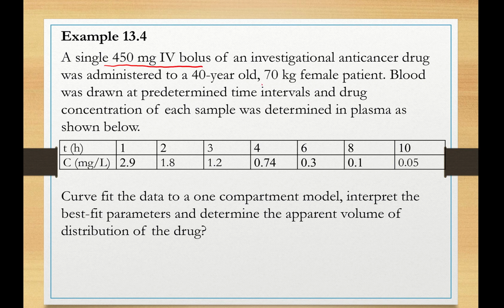The weight of the patient is 70 kilograms. Blood was drawn at predetermined time intervals, and drug concentration of each sample was determined as shown in the table. So you have drawn blood after 1 hour, 2, 3, 4, all the way up to 10 hours, and you determine the plasma drug concentration as is shown there. Fit the data and determine the apparent volume of distribution of this drug.